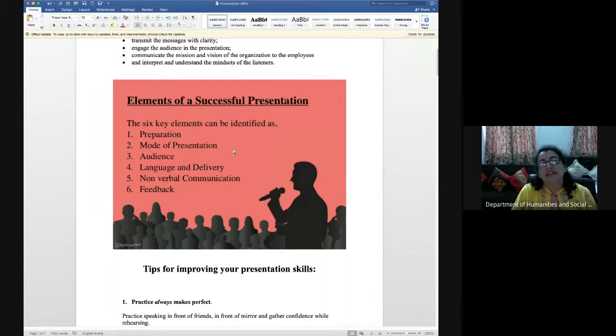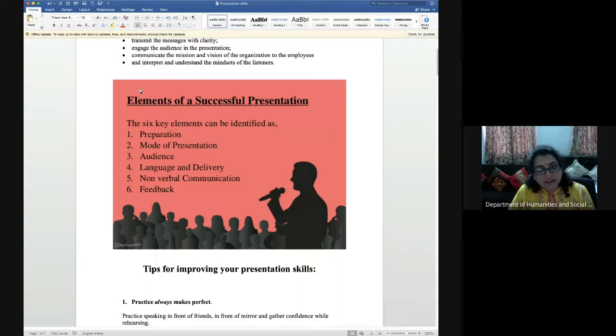These days, the most common presentation style is PowerPoint presentation, where you can make slides, you can write the text and the content, and you can explain it better through bullets. So the mode of presentation is also important. If it is through surveys, in the sense that you have handouts and you give them to the audience, you can ask them to read it, to fill something if necessary, and then they return it.